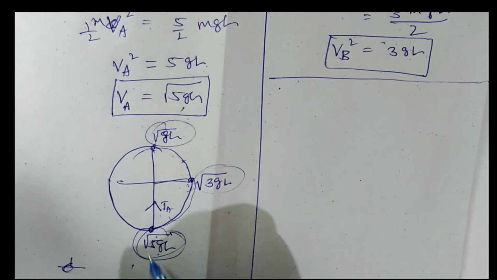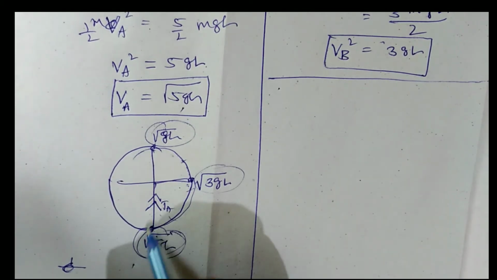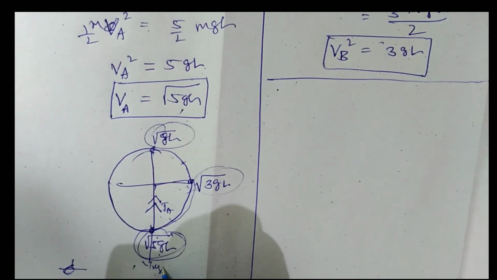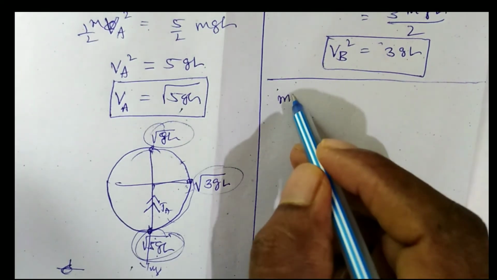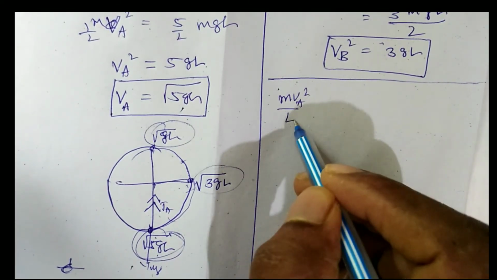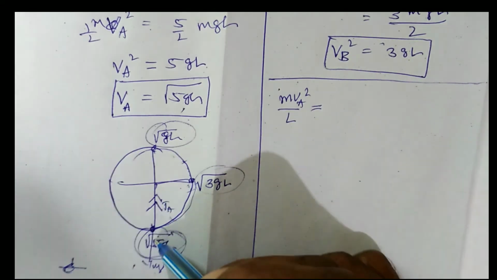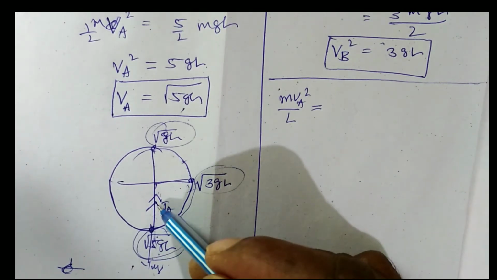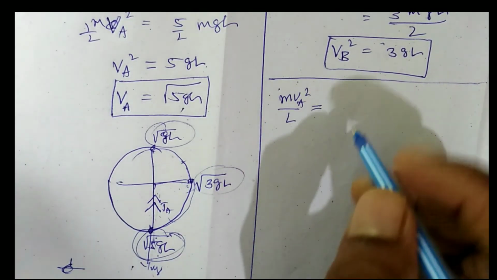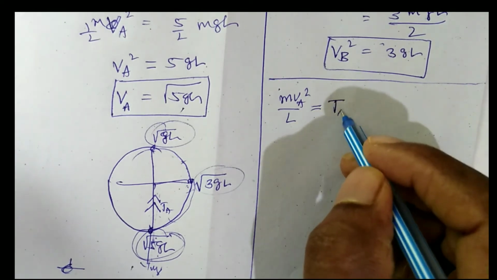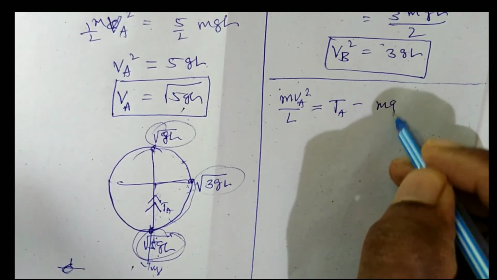Tension A in this way, centripetal force is in this way, and mg in this way. So you can write down mva square by L, which is equal to, okay, that is in that direction tension is there, the opposite direction mg is there.